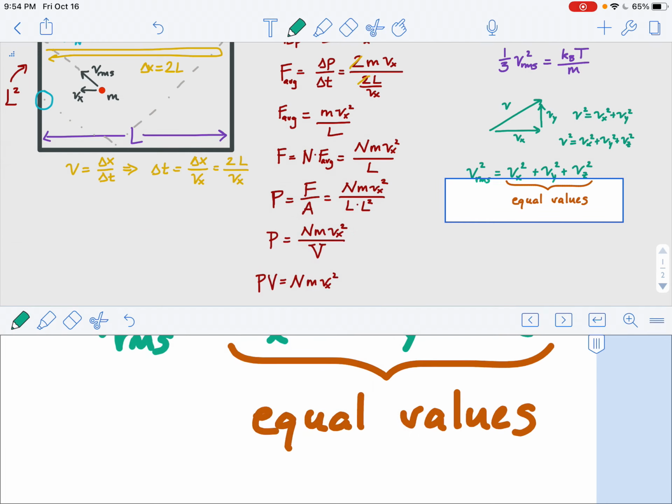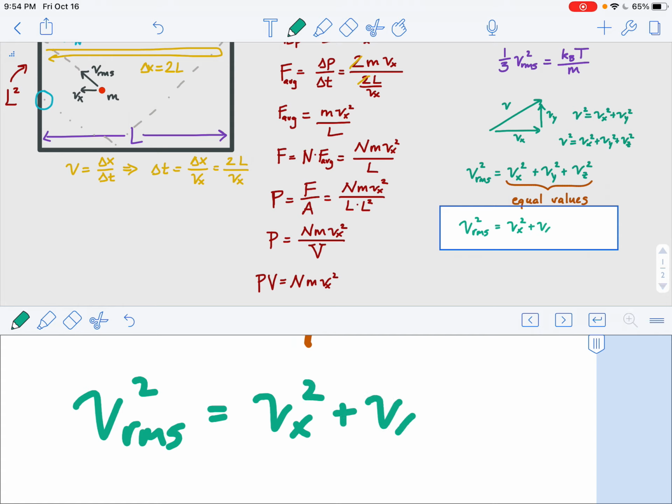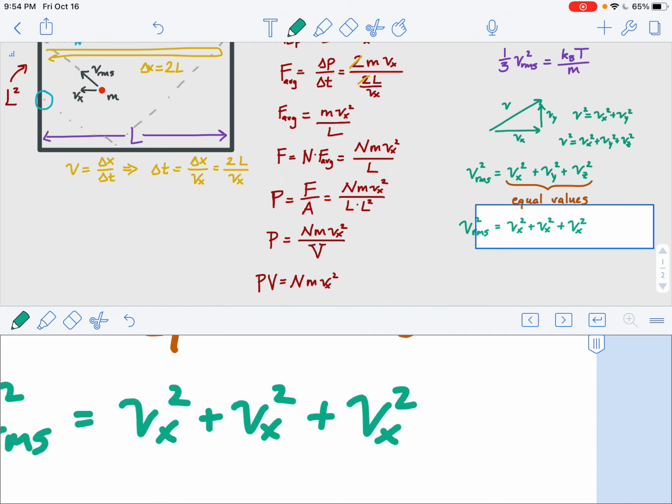Since we're dealing with x, all of them are vx squared. So VRMS squared is vx squared plus a number exactly equal to vx squared plus another number exactly equal to vx squared. Hopefully you can see that equals 3 times vx squared.